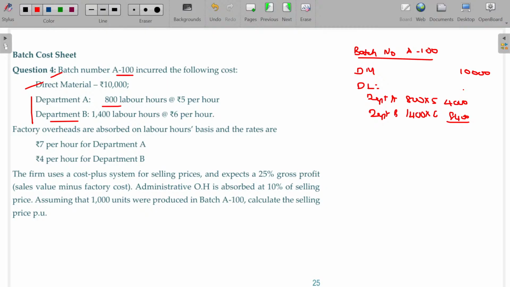Overall value being 12,400. We have to go for the overheads. Before that, prime cost can be found out. Prime cost being 22,400.